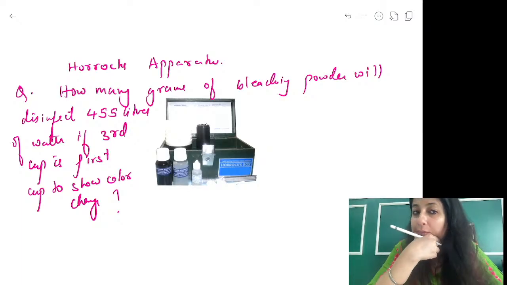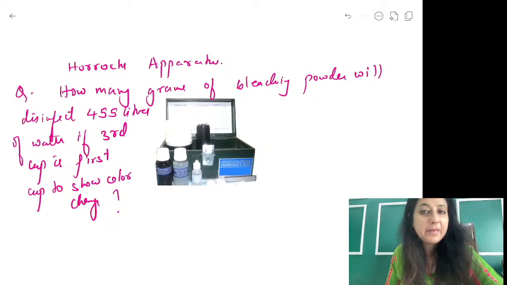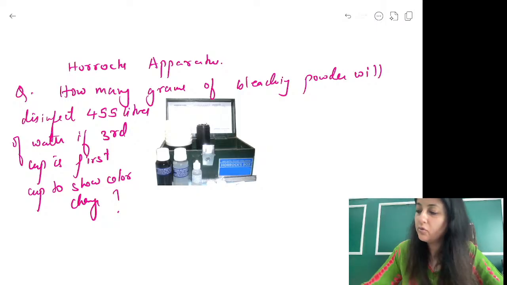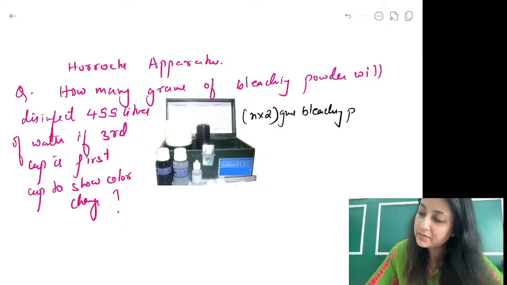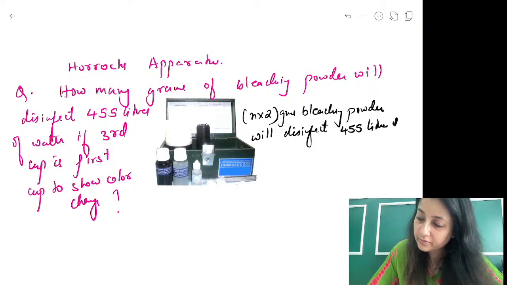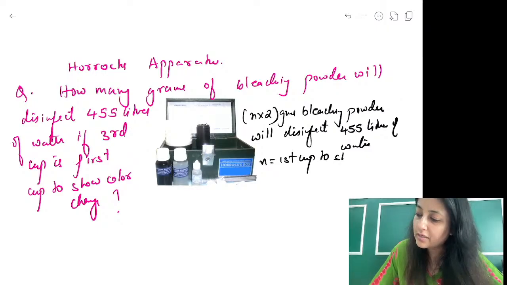Okay. What is the formula that you're going to use, everybody? Just a quick revision of the formula. Do you need a paper and pen or a calculator for this? No. It is N into 2 grams of bleaching powder will disinfect 455 liters of water, where N is the first cup to show color change.